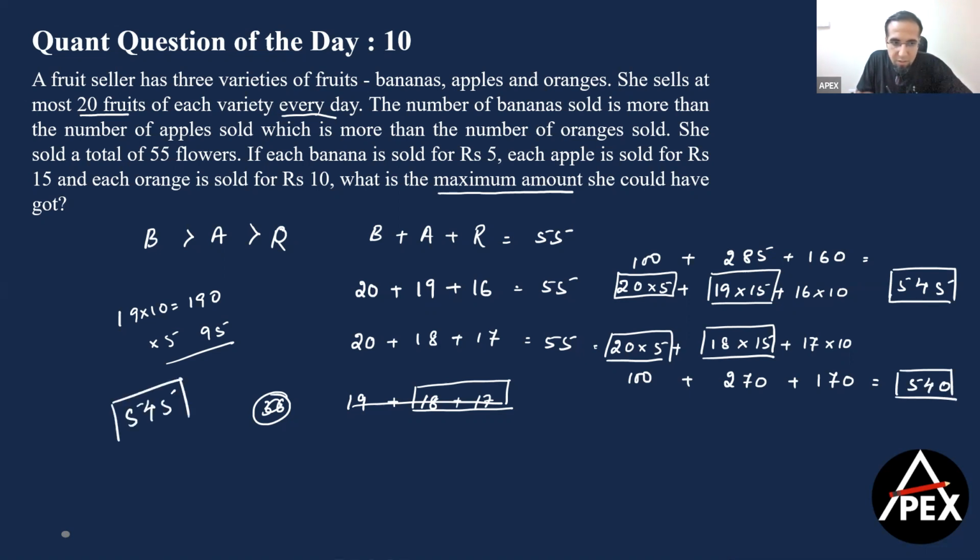But please understand, your answer will only be correct if in case you are having both the cases, because I can as well change my question and I can ask that if you are a customer, and you have to buy a total of 55 fruits, then how many number of oranges you would have bought. In that case, the cost is less for 540.